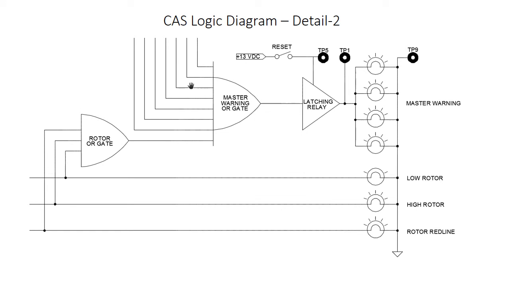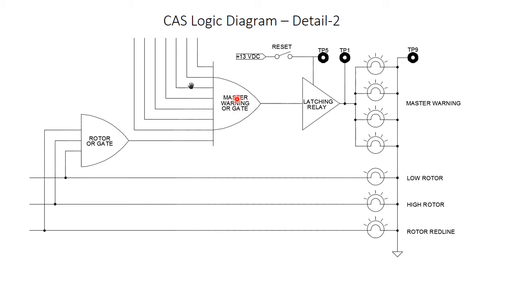Now we're down at the bottom of that schematic. Here's all of the lines coming from each one of the individual channels to one common OR gate. Over here off the picture is my rotor RPM alarm. It's got 3 outputs: low rotor, high rotor, and rotor red line. Those outputs are ORed into one common output. That output then goes along with all the other outputs from all the other channels to this master warning OR gate.